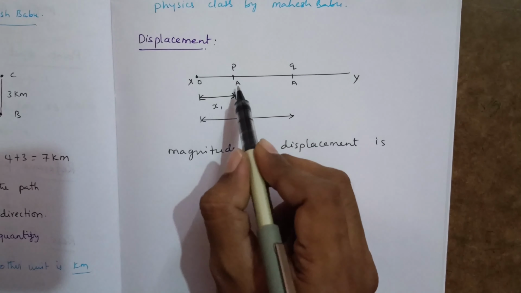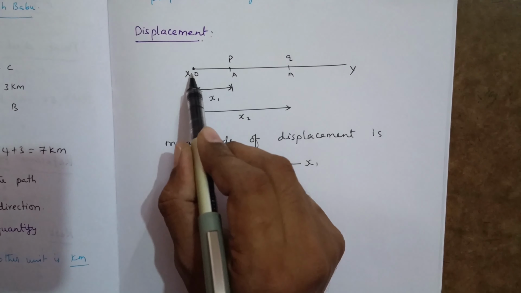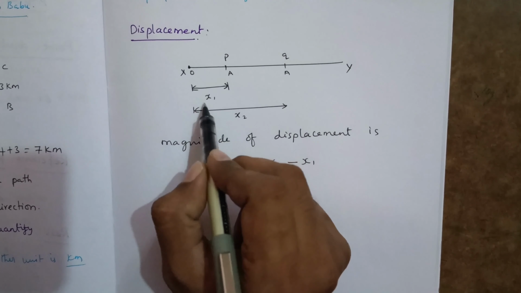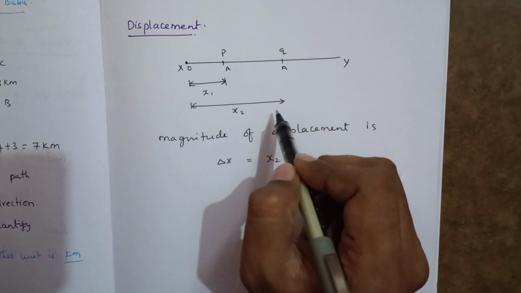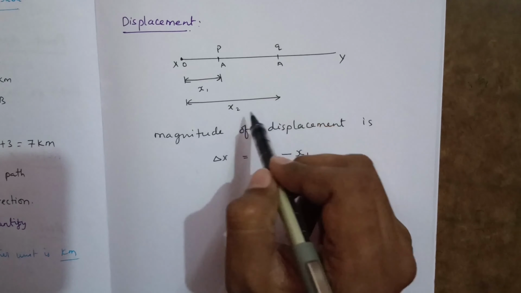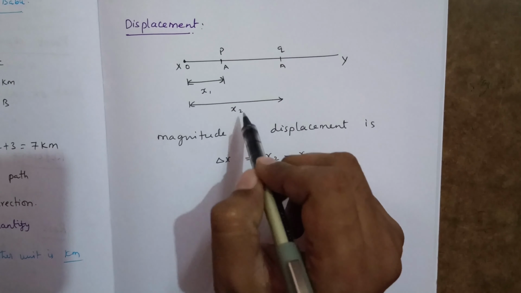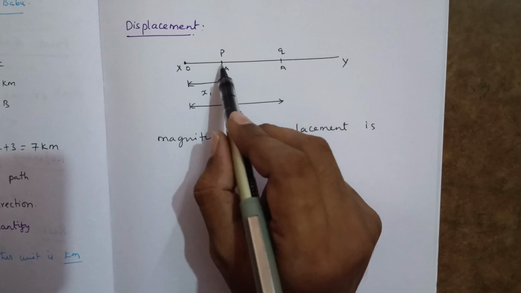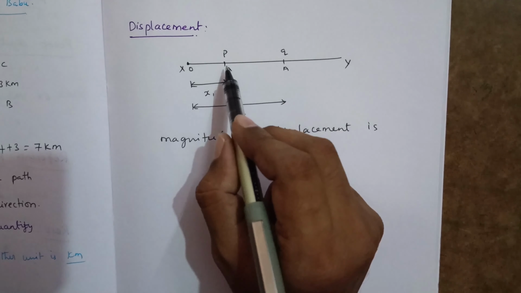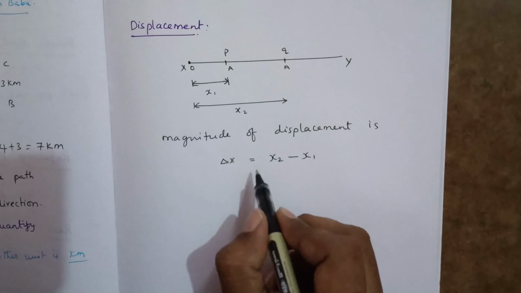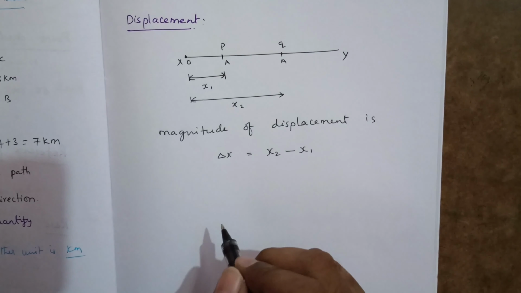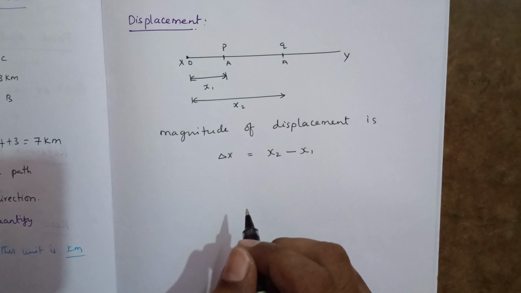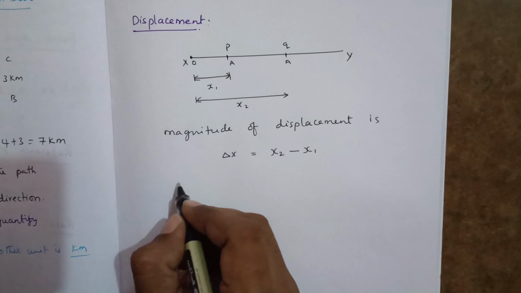So an object A is at point P with respect to the origin at position x1, and at Q at position x2. The displacement between P and Q is x2 minus x1, the magnitude of displacement. Now what is the direction?